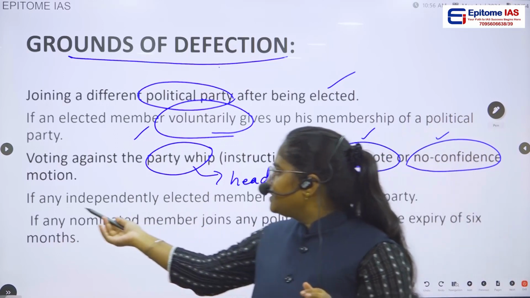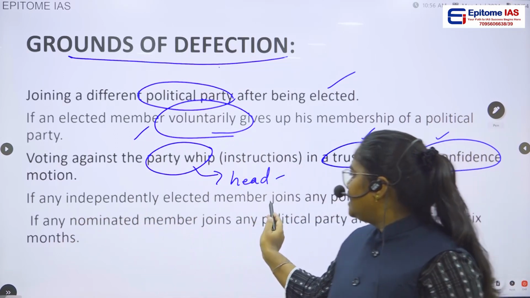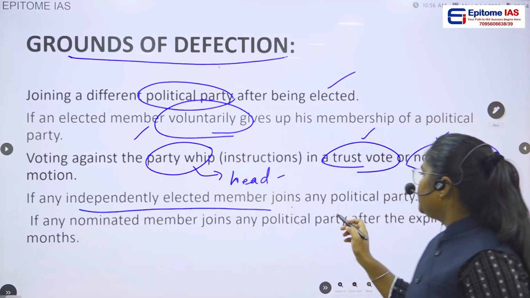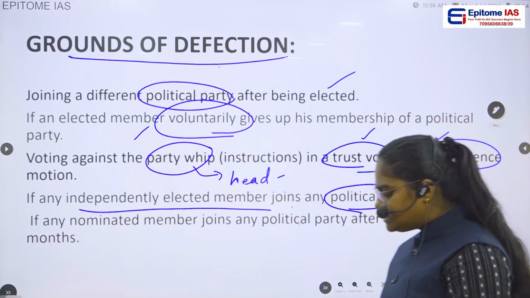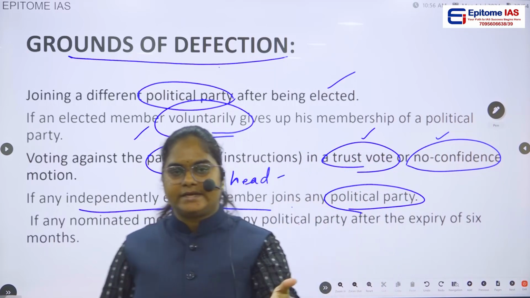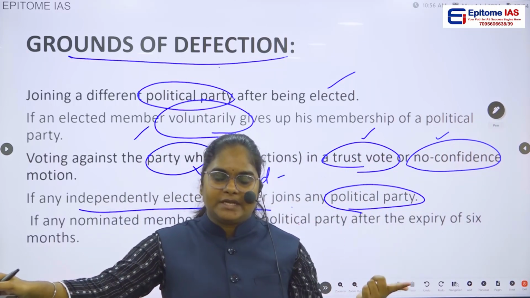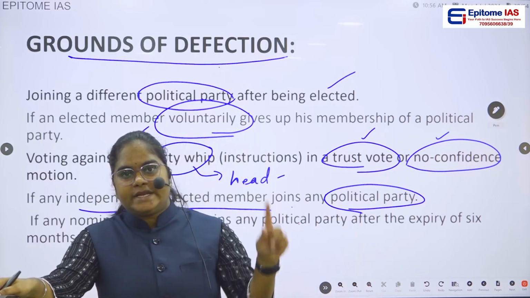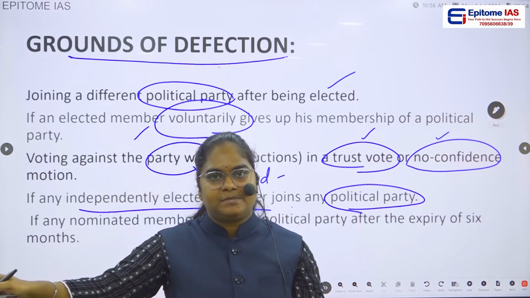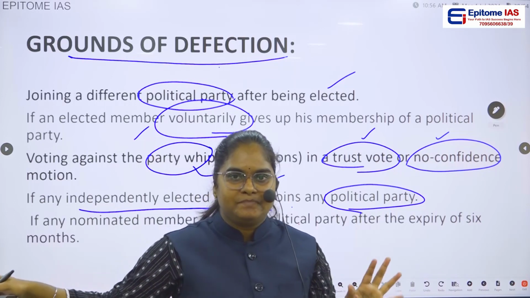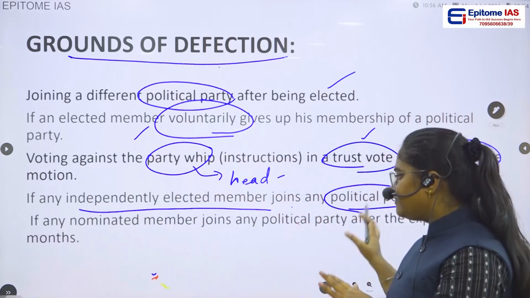Okay, then if any independently elected member joins any political party, let's say a member got elected as an independent member, he does not belong to any political party before getting elected, but after getting elected he is joining any political party, then also he will be disqualified under the anti-defection law.